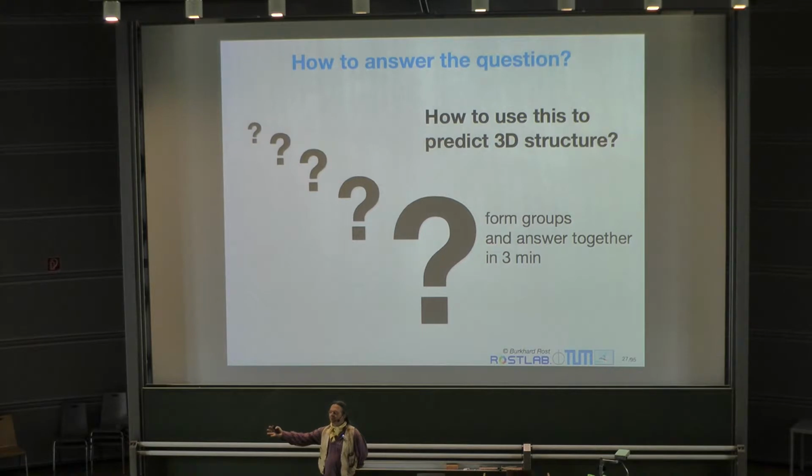Another group. He gave the solution, so everybody should know now. It was not that clear, yes? We can make proteins such that we know the structure. Yes? We can make an equivalent sequence that we don't know the structure of. Yes?